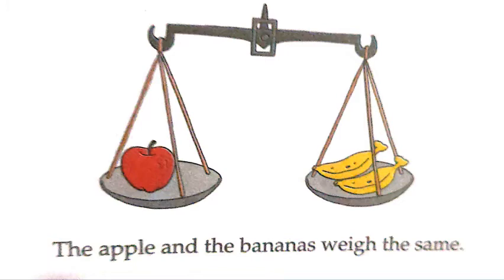So this means that the weight of an apple is equal to the weight of two bananas. Okay, it means the apple and the bananas weigh the same. Okay, children?